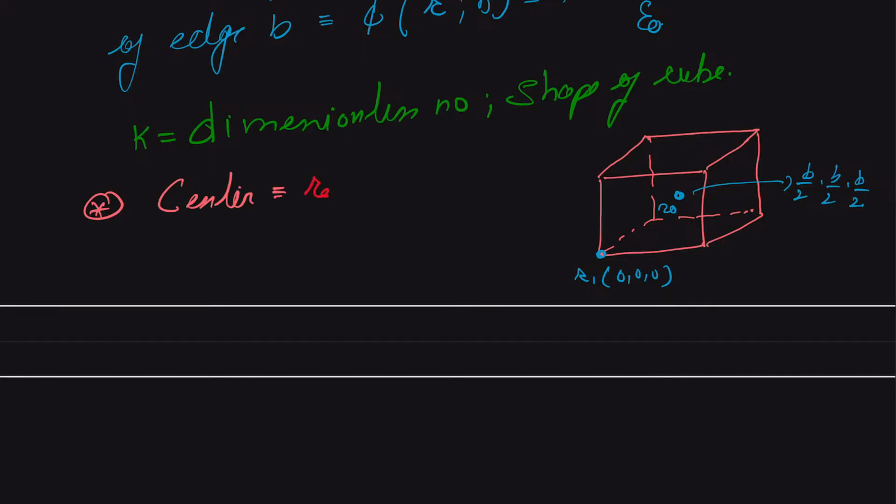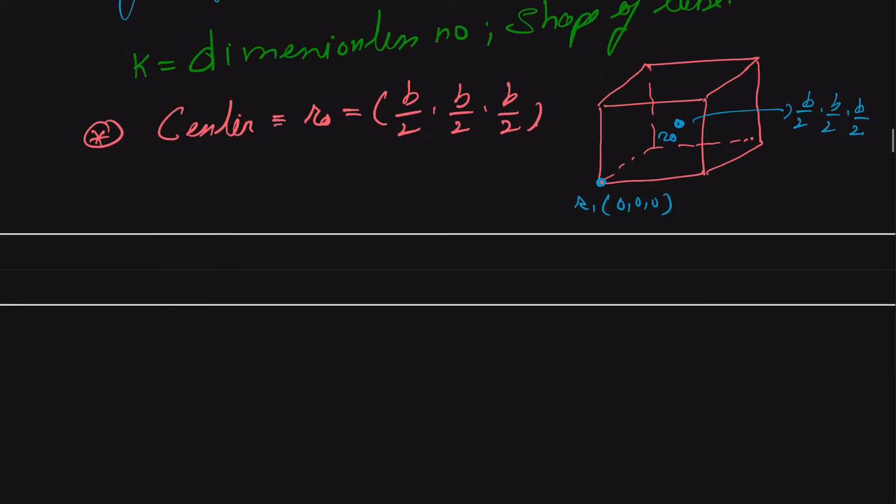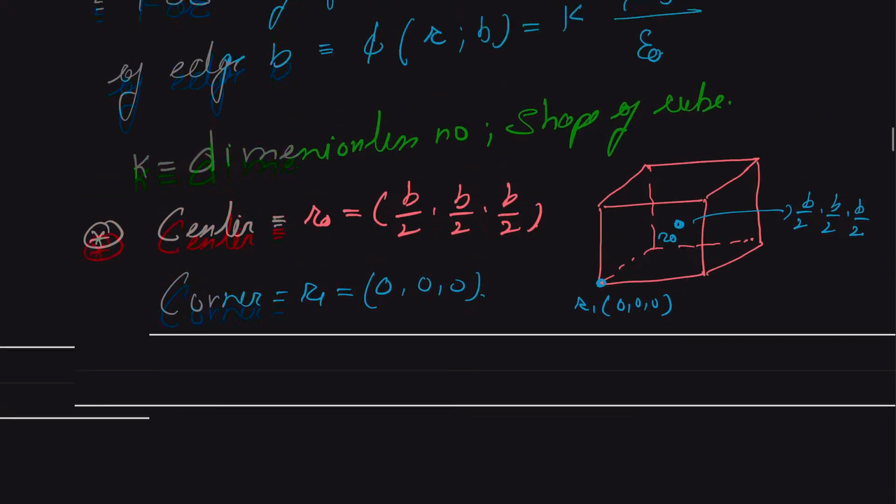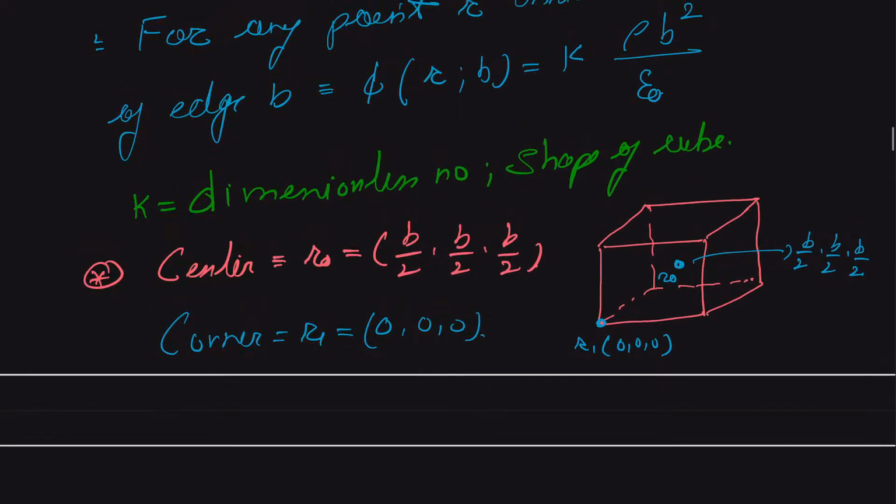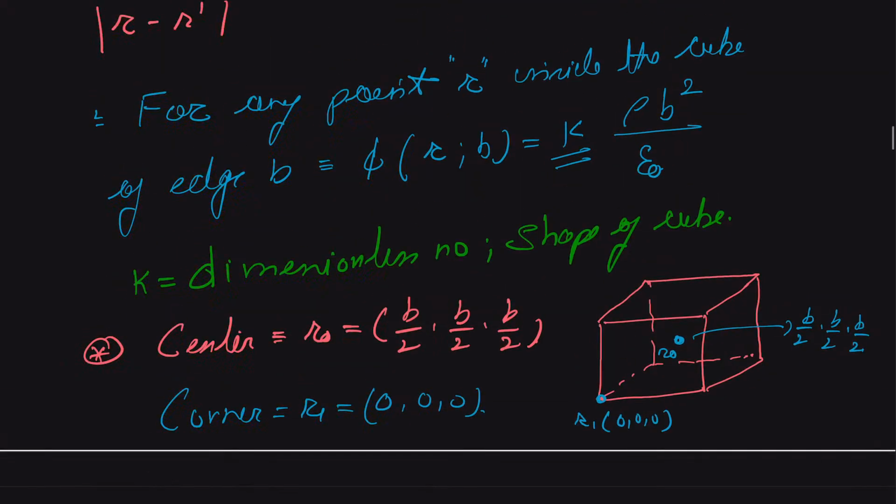So the center we are representing as r0, with coordinates b by 2, b by 2, b by 2, and the corner we are representing as r1, which we are going to consider as the origin. Like I said, we are going to denote phi naught and phi 1 with respect to this constant, because this term is related to both the fluxes.